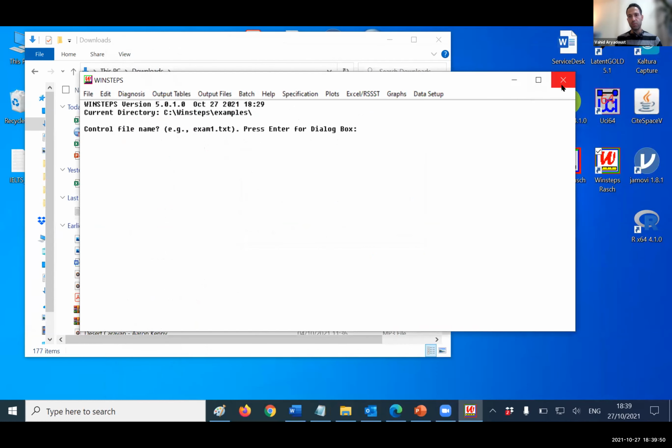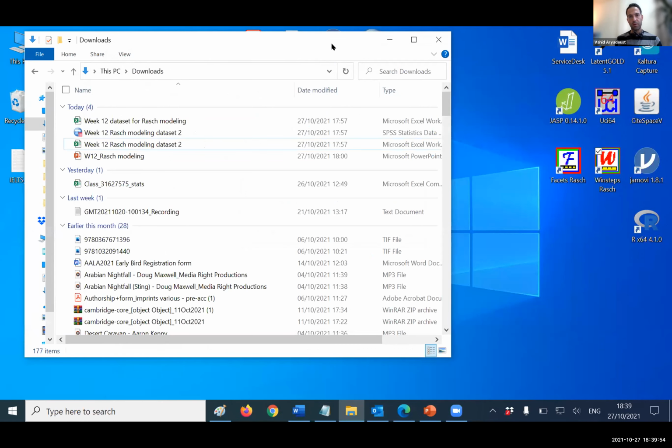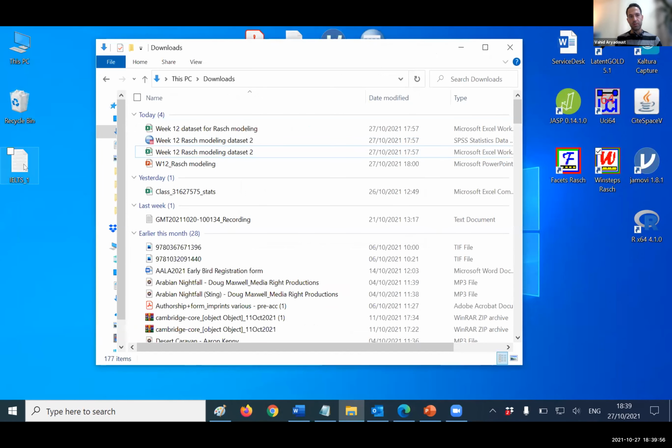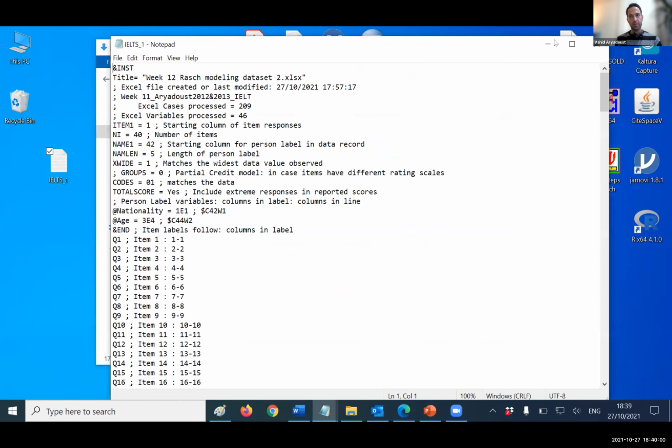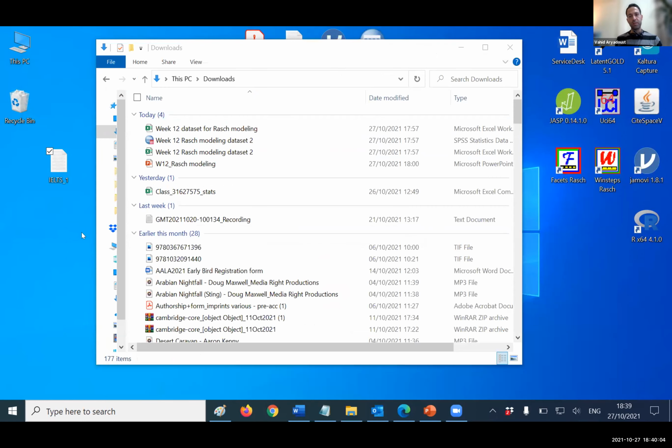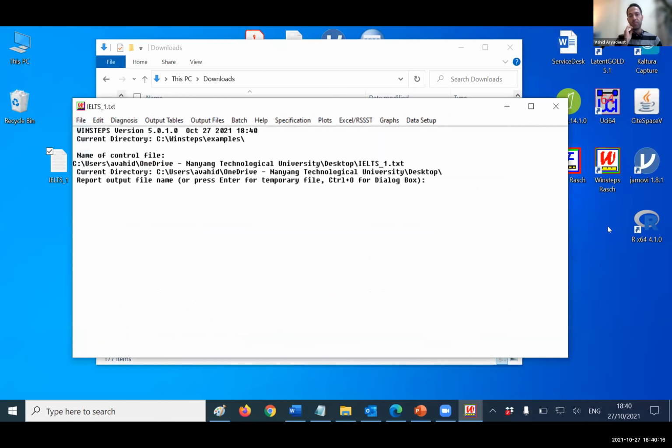Now I'm going to close WinSteps. And look, this is the data I created. This is what I was looking at, if you recall that. Now, there are 2 ways to open this data set. The easiest one is just to drag and drop it into WinSteps like that. Try that on your computer, and this should pop up.